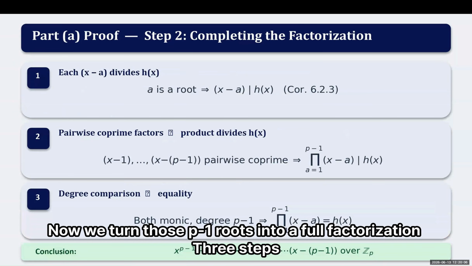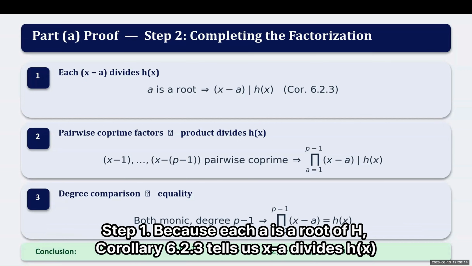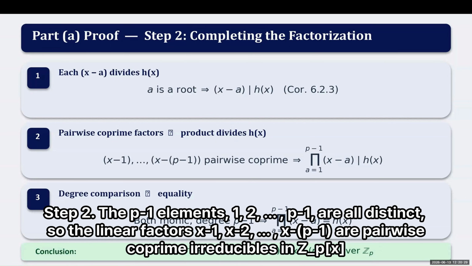Now we turn those p-1 roots into a full factorization. 3 steps. Step 1. Because each a is a root of h, corollary 6.2.3 tells us x - a divides h(x). Step 2. The p-1 elements, 1 through p-1, are all distinct.